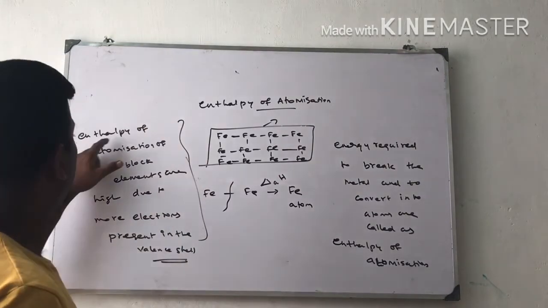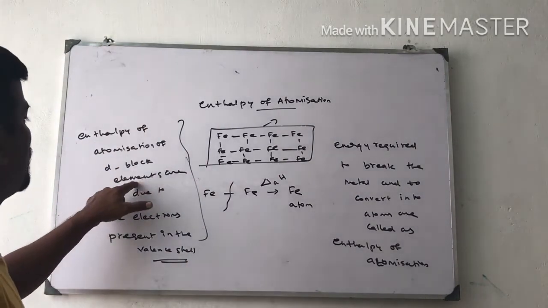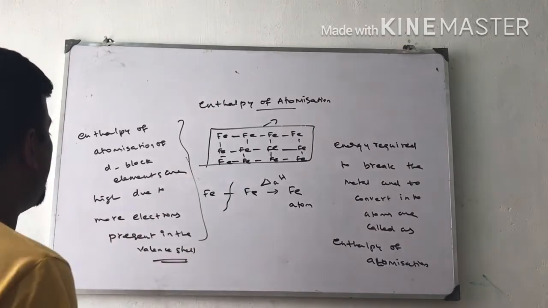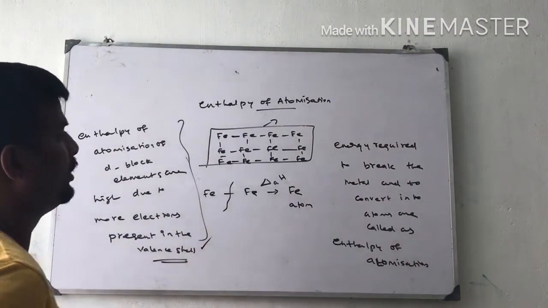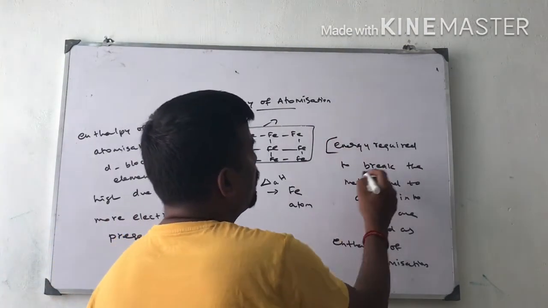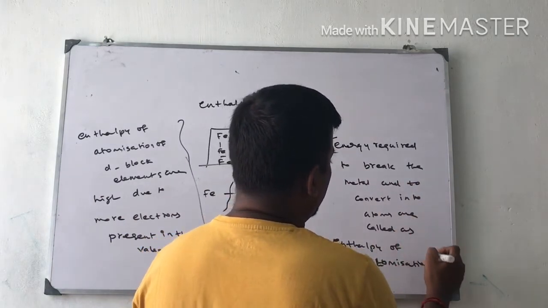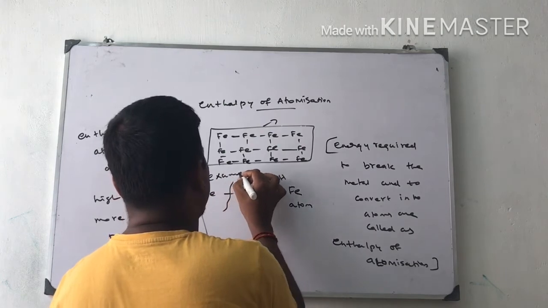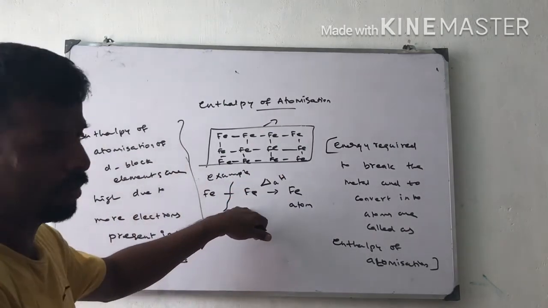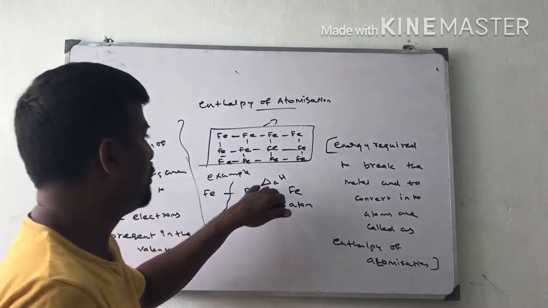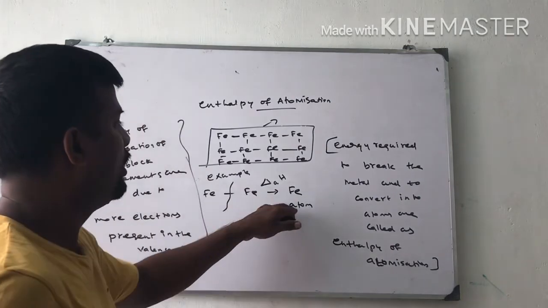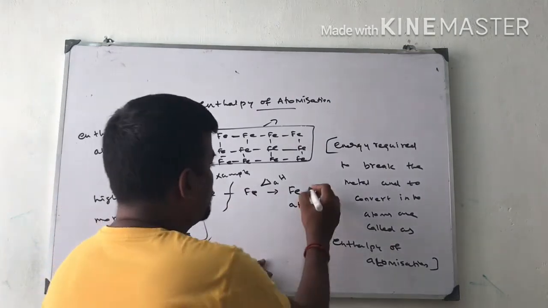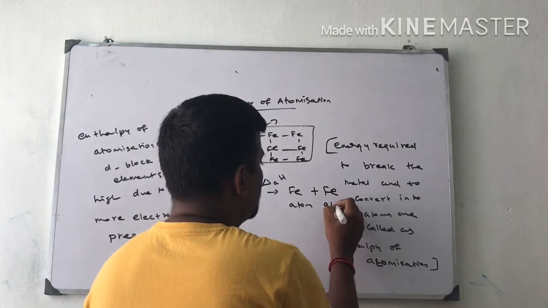That is why the enthalpy of atomization of d block elements is high. The energy required to break the metal and convert it into atoms is called the enthalpy of atomization. For example, a bond between one ion atom and another; when energy is applied, it breaks into one ion atom plus one more ion atom. Right?